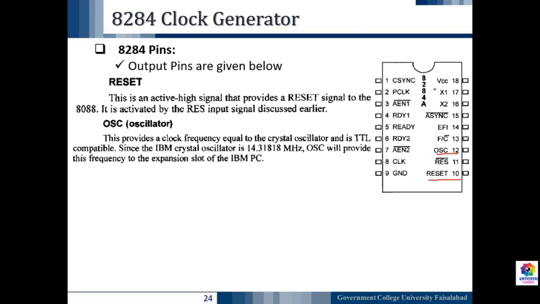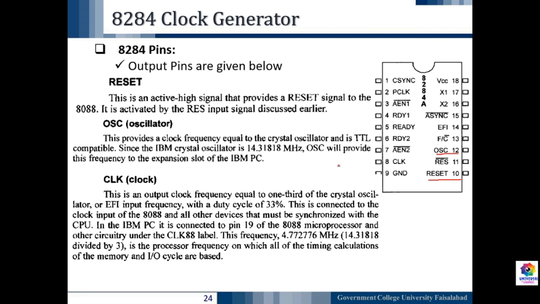As we discussed earlier, X1 and X2 are connected to the crystal oscillator of 14.31818 MHz in the case of the IBM PC. So in the IBM PC, pin number 12 will give out the same frequency as the crystal oscillator.